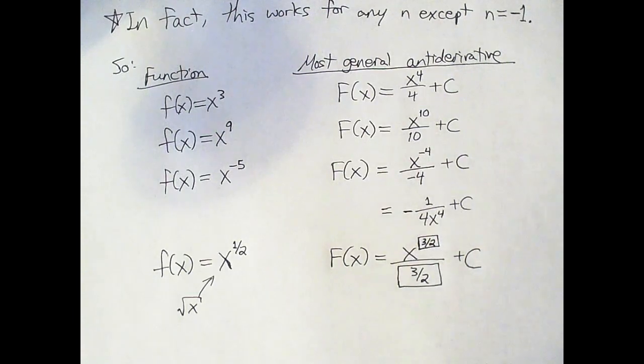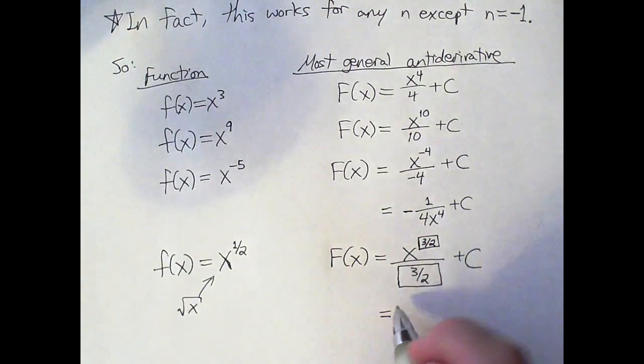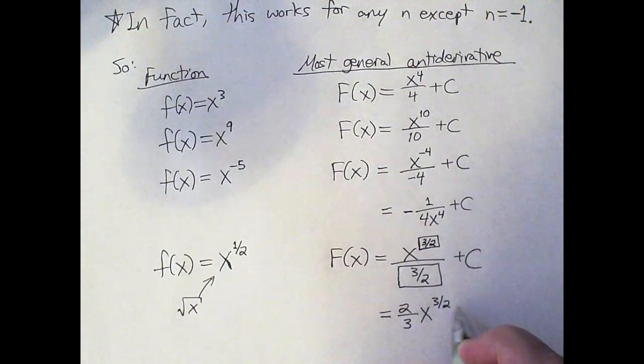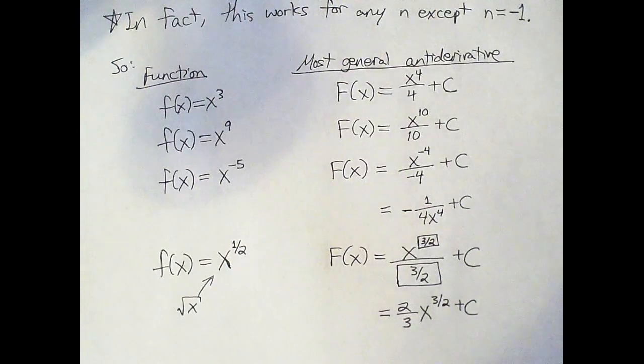But this is a little messy because look at that. The denominator is itself a fraction. And you know I don't like having a fraction inside a fraction. So we can fix this up a little bit. A good way to fix this up is instead of dividing by 3/2, let's multiply by the reciprocal. All right.